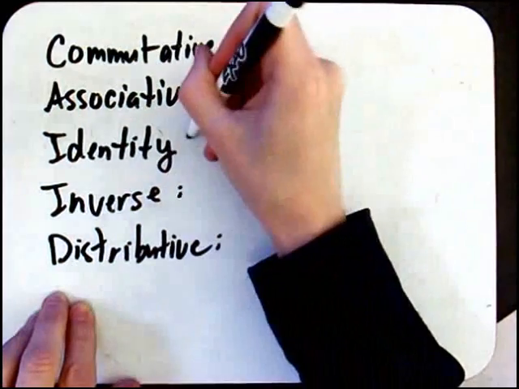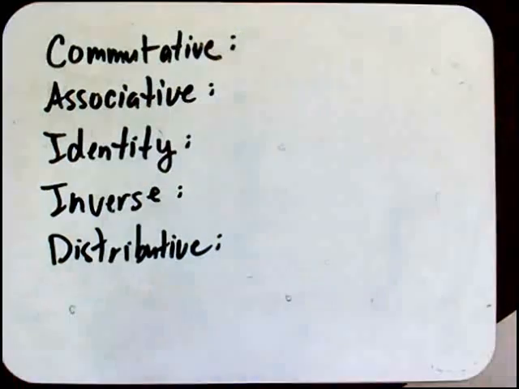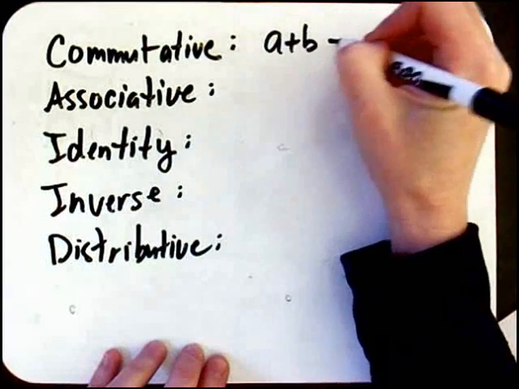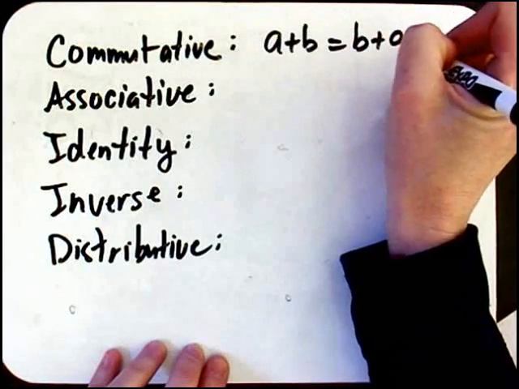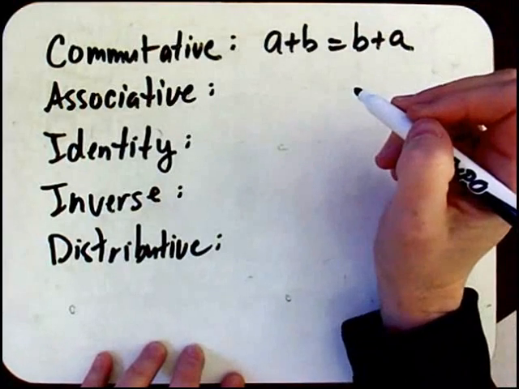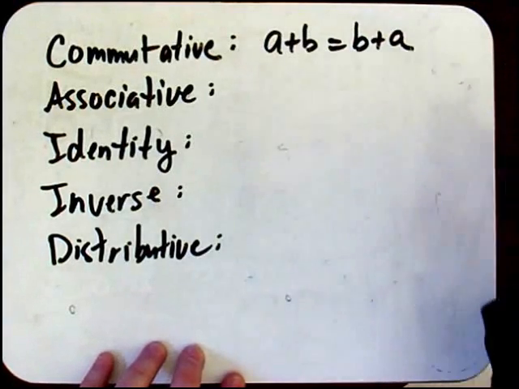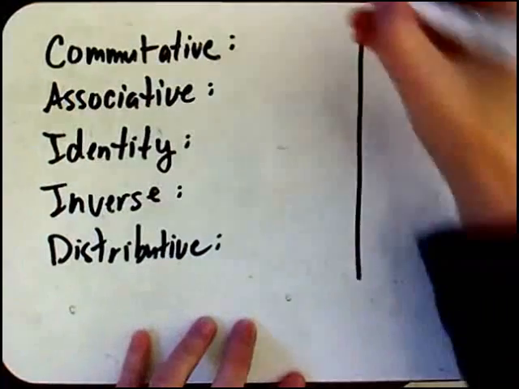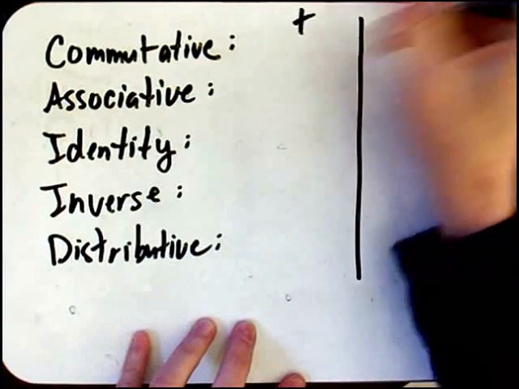Okay, so we have these 5 properties, and they're in the table. So commutative, we can say A plus B equals B plus A, because it does not matter what order you add. Associative, that's for addition. We also have multiplication. So we have 2 ways to do this. We have addition, and then we have multiplication.